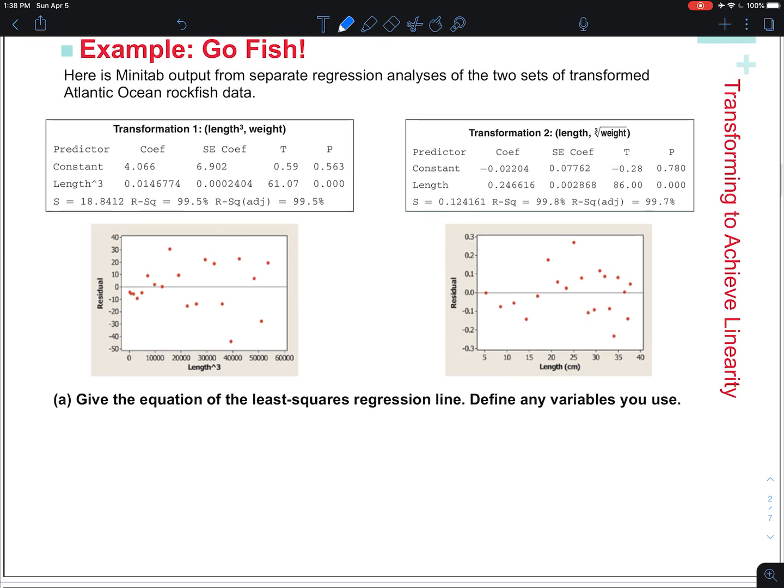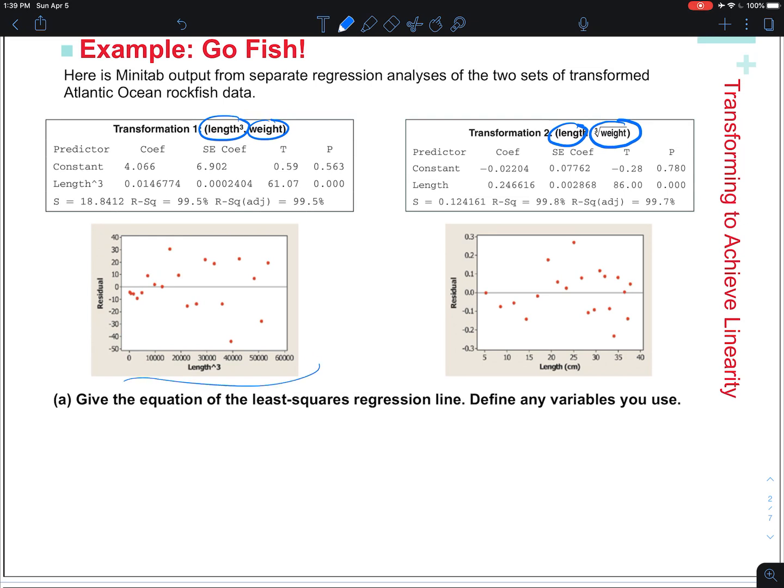Now, in this example, if we take a look at the transformed data, a regression was run on it. So this is length cubed versus weight, and then length versus cube root of weight. The data is going to come out differently, obviously, because you're rescaling one of the variables. But the residual plot, pretty much, random scatter, the things that we like to see in both of them.